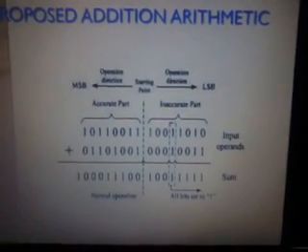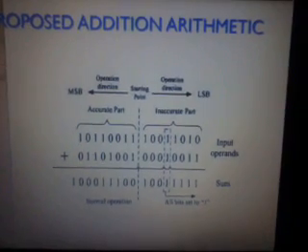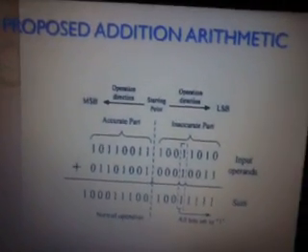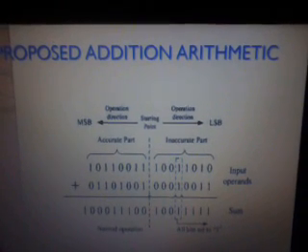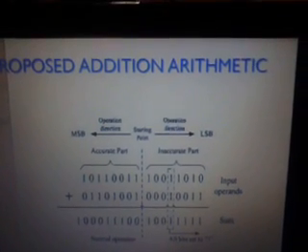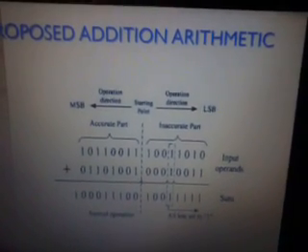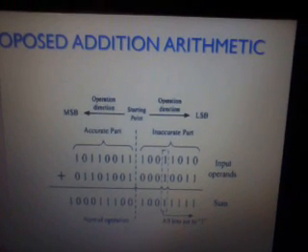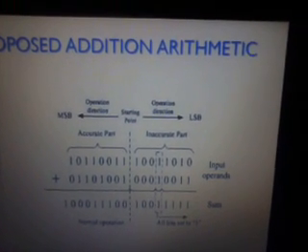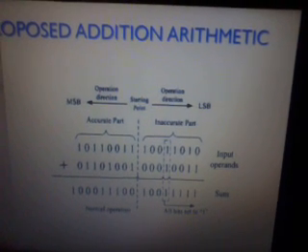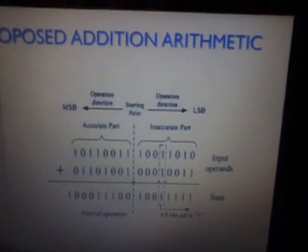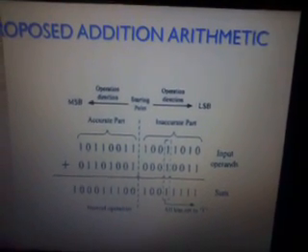This is the proposed arithmetic addition, and here we separate the addition into two halves: one is the accurate part and the other is the inaccurate part. The accurate part consists of conventional adders like RCA, that is ripple carry adder, carry select adder, carry skip adder, and the inaccurate part is actually our ETA.